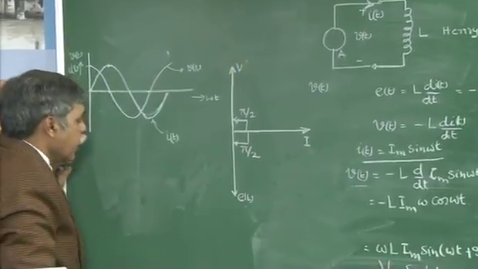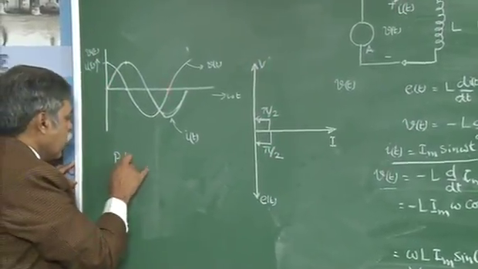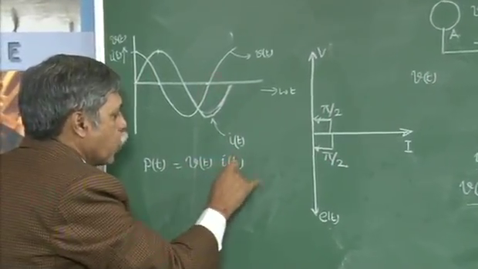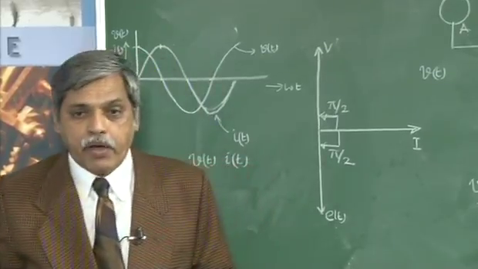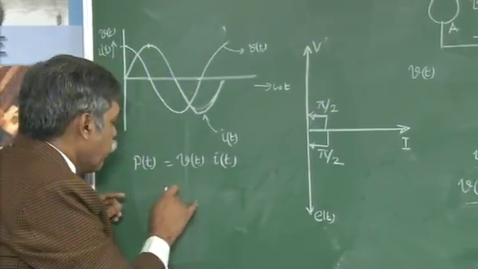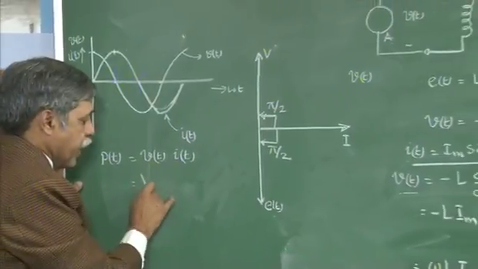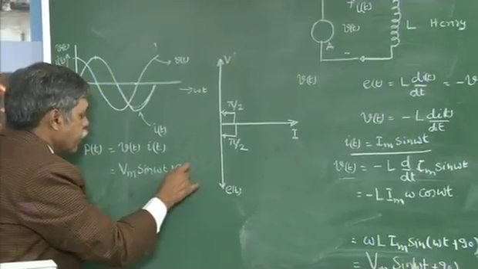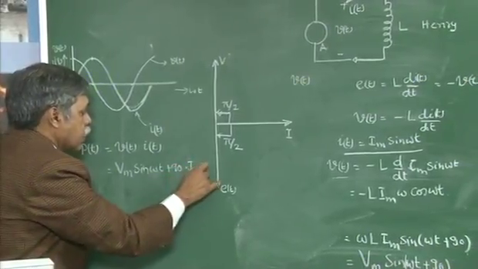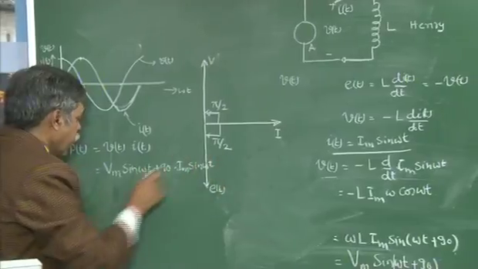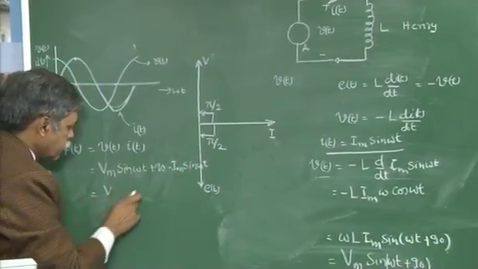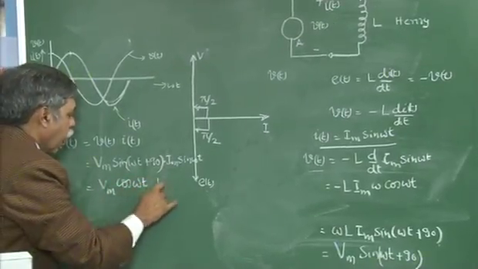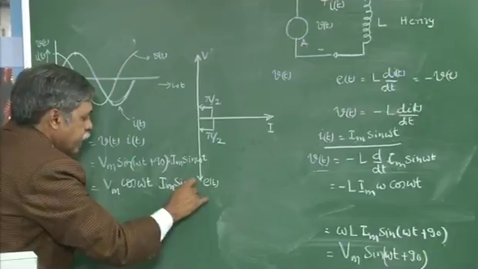Again here, if you try to write down the product of the voltage and current at any instant to compute the instantaneous power, and substitute the expressions for voltage and current, I have Vm sin of omega t plus 90 multiplied by Im sin omega t. This will give you Vm cos omega t times Im sin omega t.